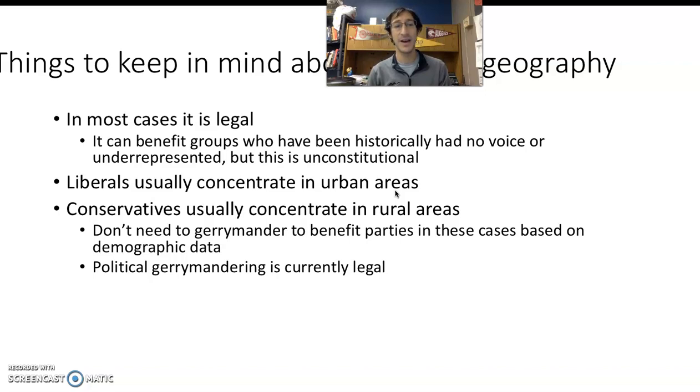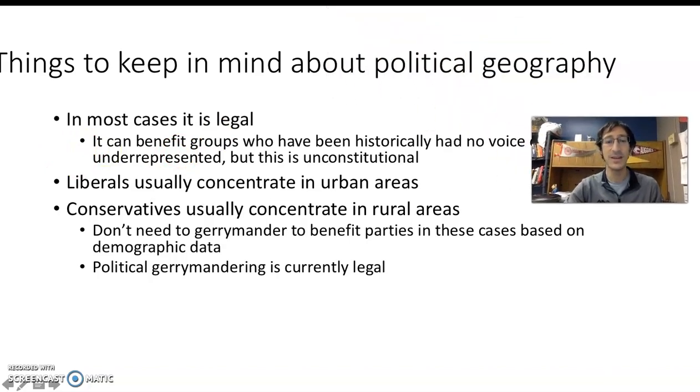Other things to keep in mind about the geography piece, and we've talked about this before in class. Liberals typically live concentrated in urban areas. Conservatives are typically in rural areas, again farmland.